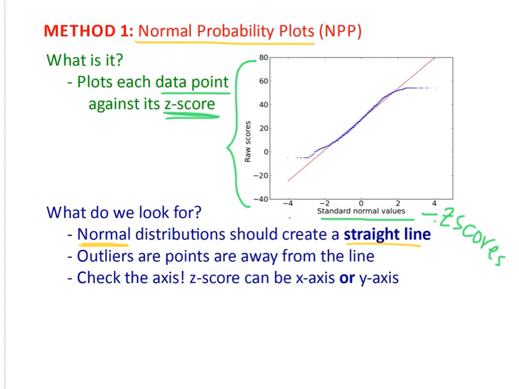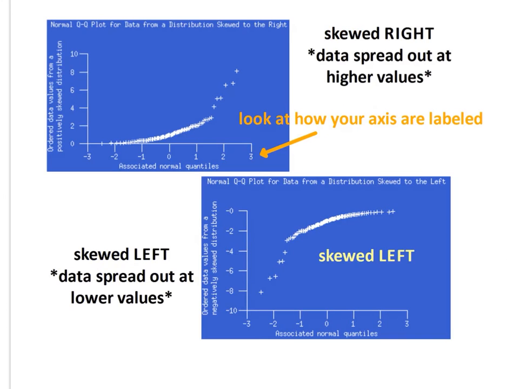Outliers are points far away from the line. So like this would be an outlier. This would be an outlier. They're far from where most of the data is. Check the axis. The z-score can be on the x or the y. So I could always flip this graph so that the raw scores are the x and the z-scores are the y. So check your axes to know what you're looking for.